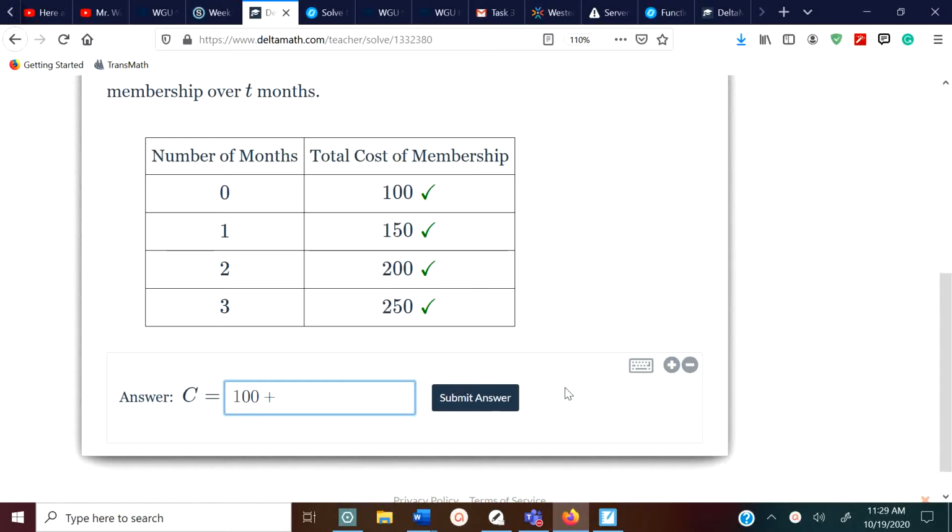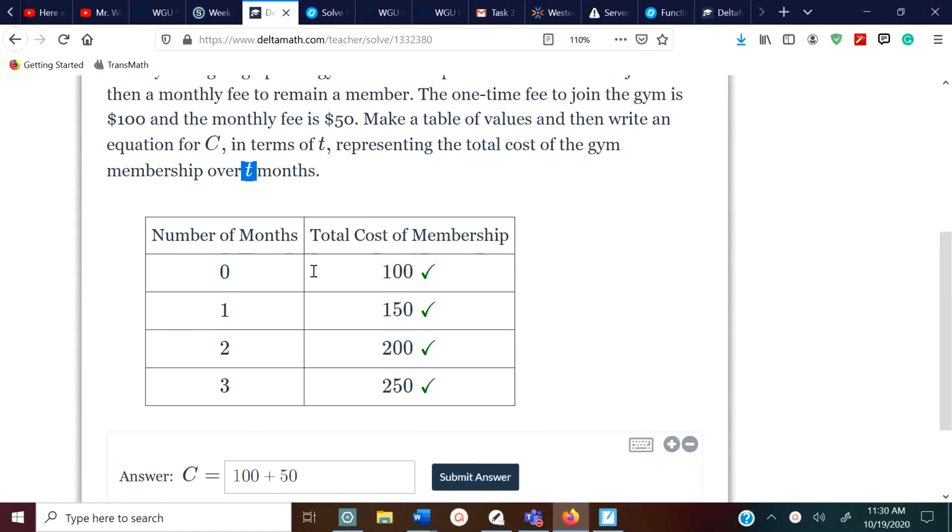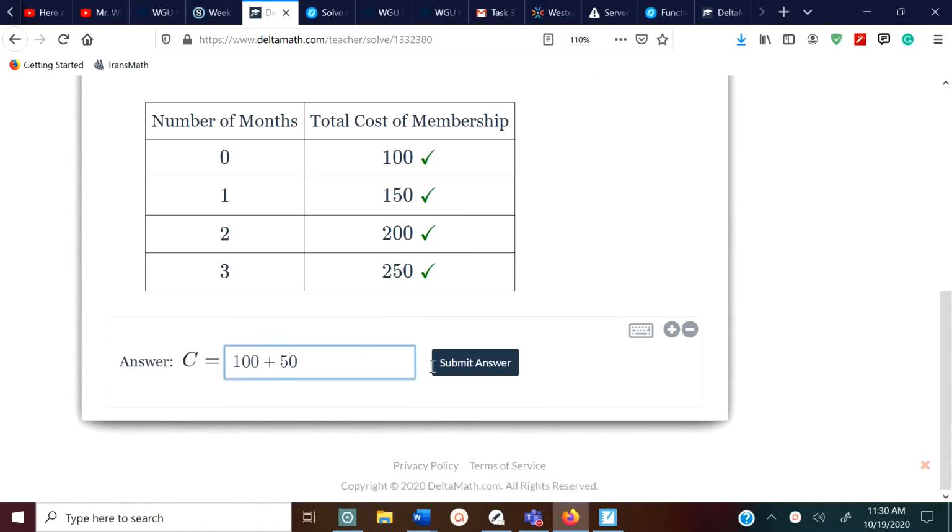And we'll add $50. But we don't know how many months it is. I mean, we know what it'll be for 0, 1, 2, 3 months. But we can figure out 10, 20, 18, whatever months. That unknown we're going to plug in is going to be T. Instead of using X, they want us to use T. So we're going to put T in for the unknown number of months.